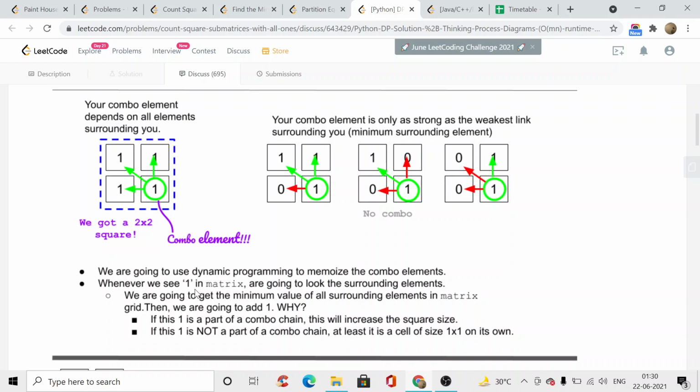We get the minimum value of all surrounding elements in the matrix grid, and then we add 1. Why? If this one is part of a combo chain, then it will increase the square set. If it is not part of a combo chain, at least it is a cell of size 1 cross 1.